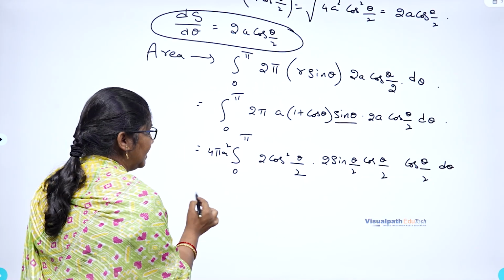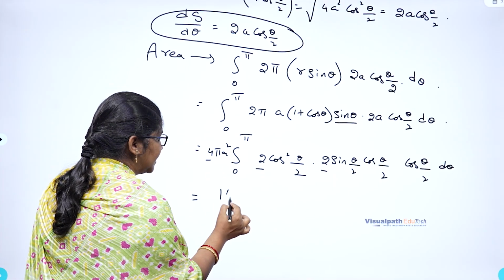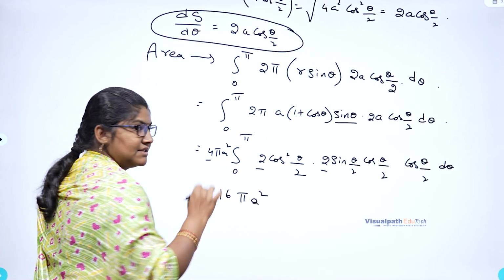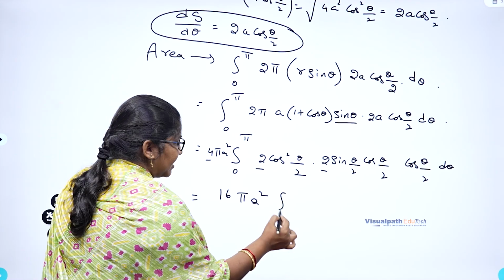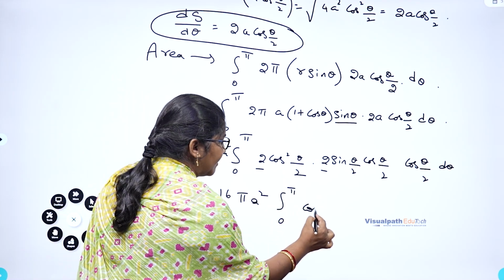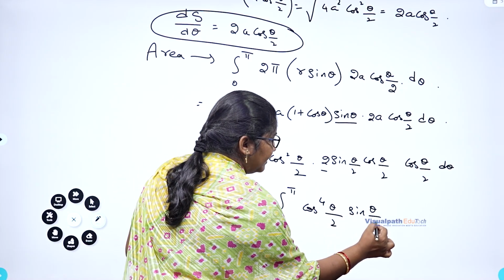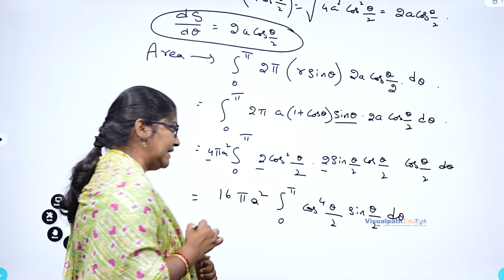Finally 4 into 4 is 16, so 16 pi a square, integral from 0 to pi of cos power 4 theta by 2 into sin theta by 2 into d theta.